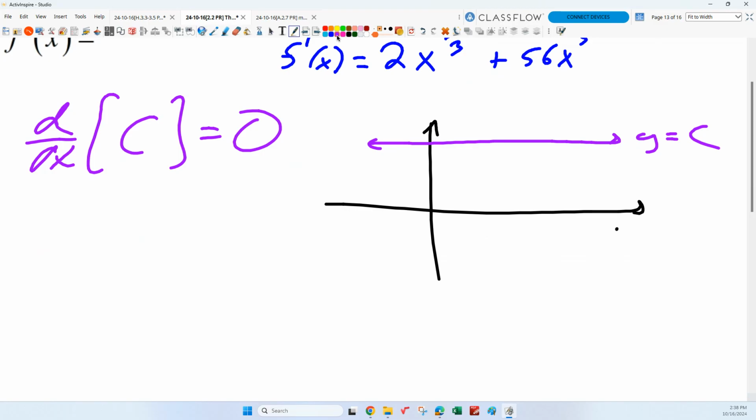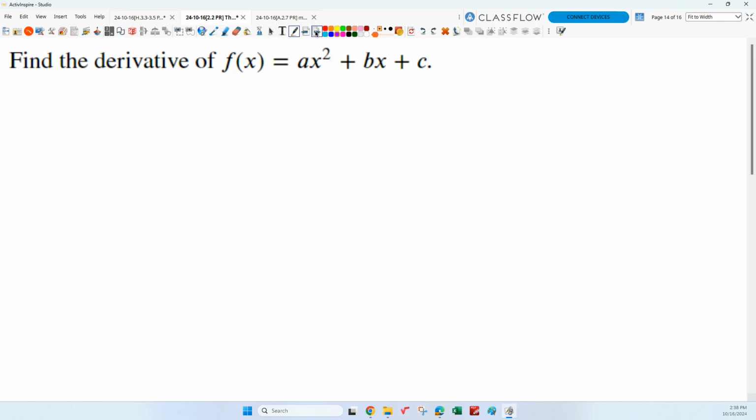What's the derivative of that function everywhere? Derivative equals slope. No matter where you go, the slope of that function is 0, right? So that's another way of convincing yourself that the derivative of a constant is always 0. You can use the power rule, but it's overkill. Okay? All right. How about this one?